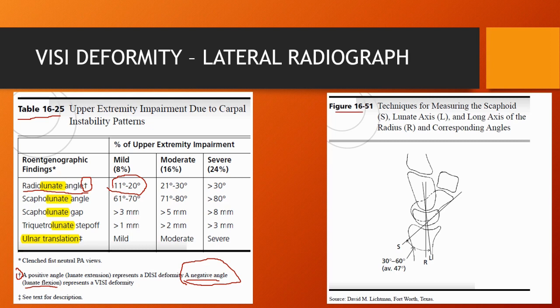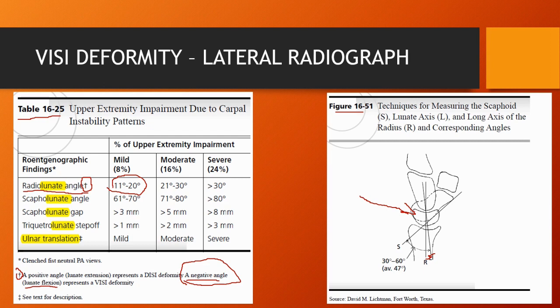So here in figure 16-51 of the AMA Guides, they show the lunate bone here with a radiolunate angle here of approximately, what would you call that? Just a couple of degrees, maybe somewhere between 0 and 10 degrees.